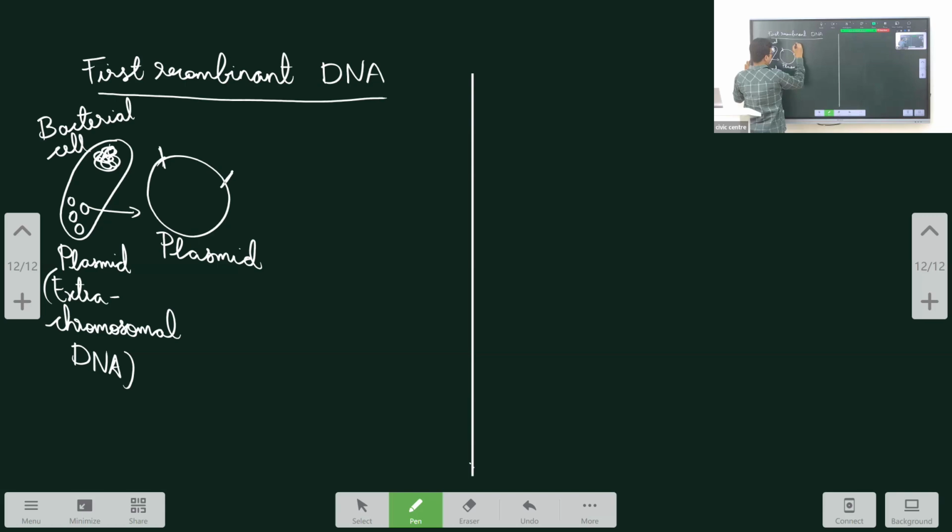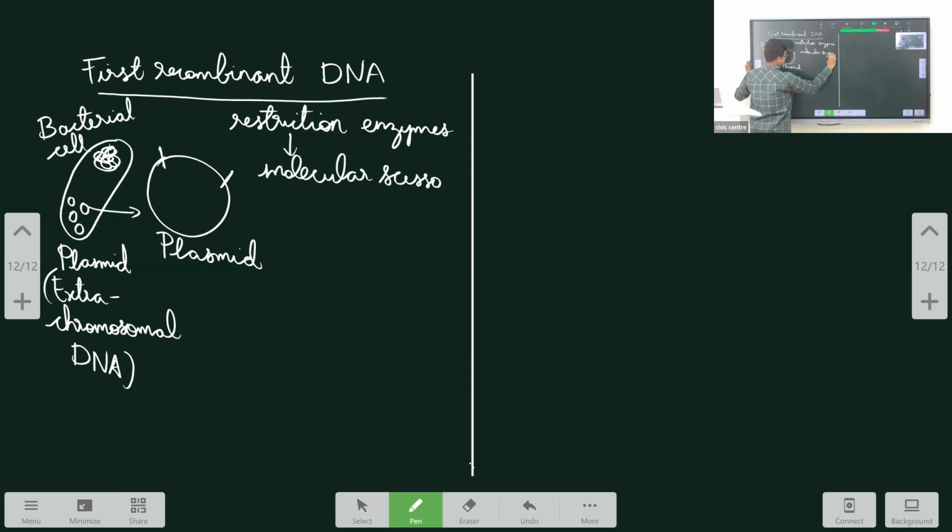and for this they require the restriction enzymes. These restriction enzymes actually act as the molecular scissors. And if at all you have to make a change to this DNA, remove this segment and you want to have some other DNA segment.